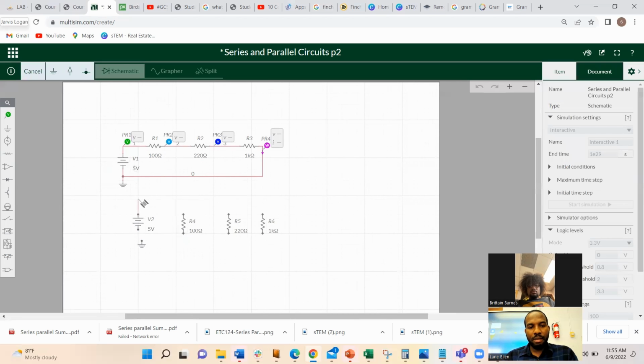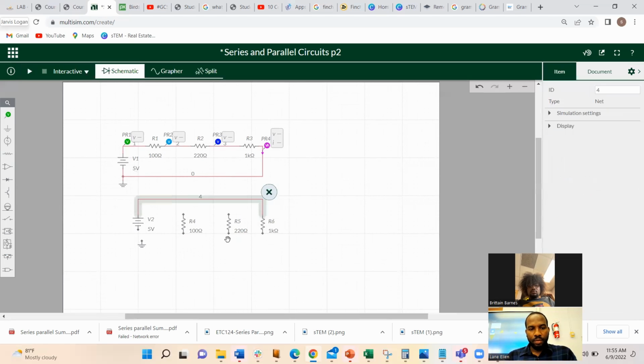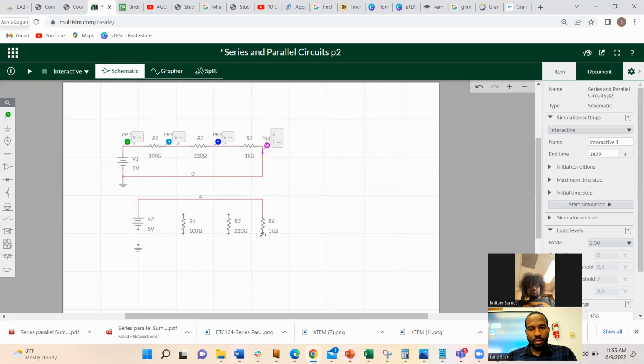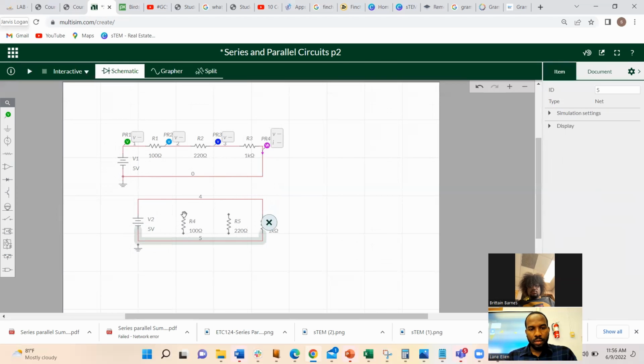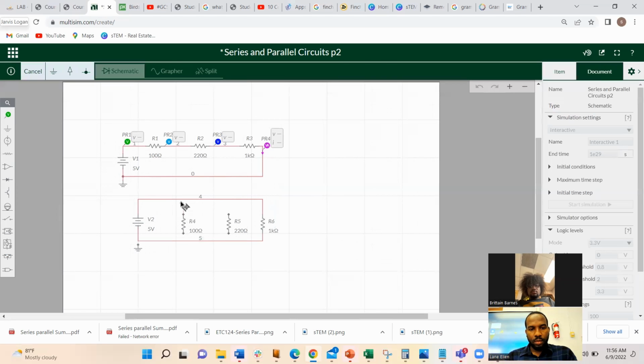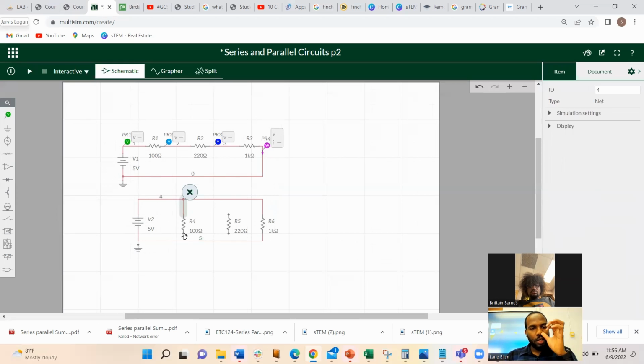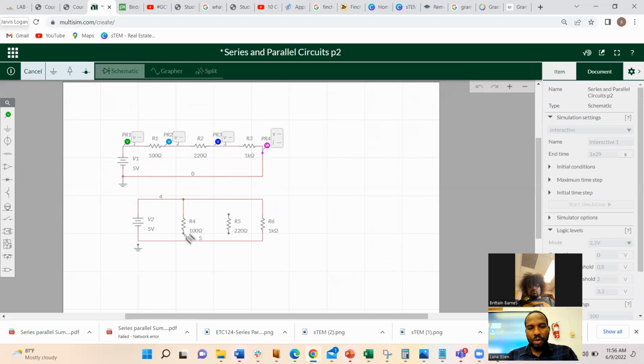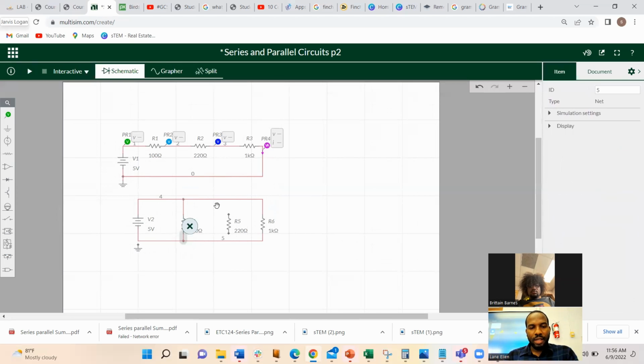Then I need to connect the components. So this is going to be step two. So again, in connecting the parallel circuit, we know that all the components are connected.